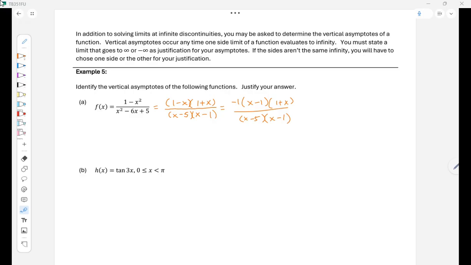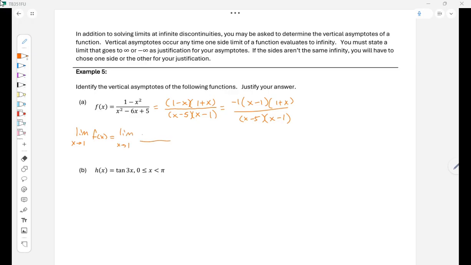Our two possibilities for asymptotes are 1 and 5, but it should be pretty obvious that the limit as x goes to 1 is going to exist because we'll be able to cancel these guys out. So there's not going to be a vertical asymptote at x equals 1. The limit as x goes to 1, I'll do it this way.